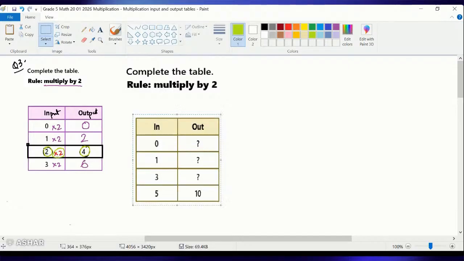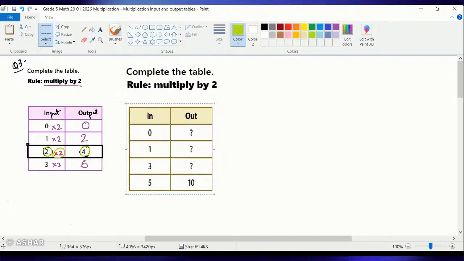Let's increase the size of the table so it's easier. For question number 4, they are giving us the rule multiply by 2. That means the input number versus the output number, right?